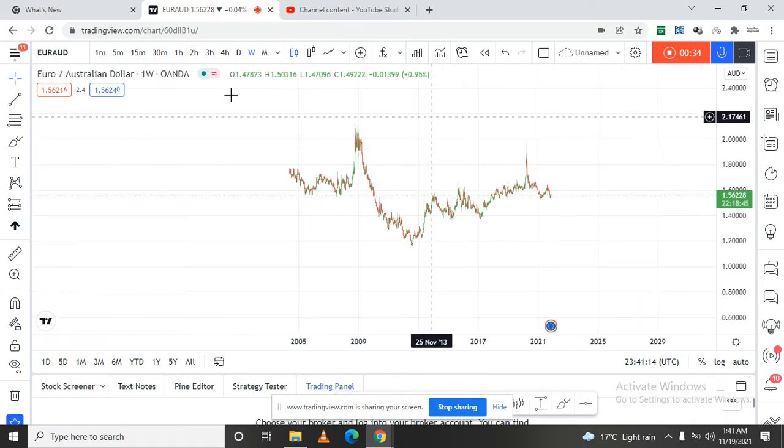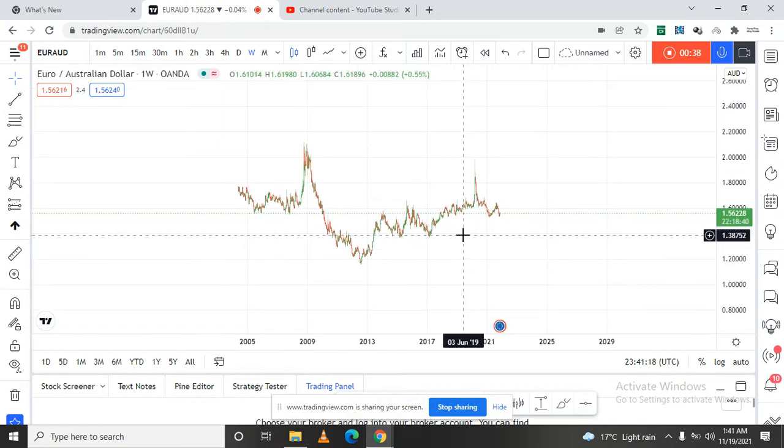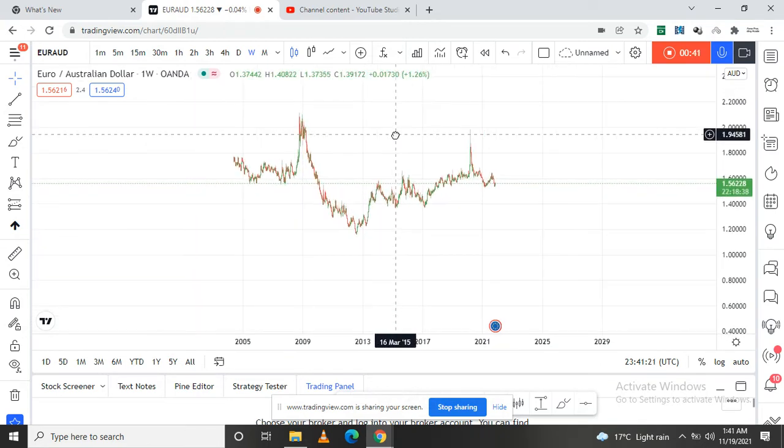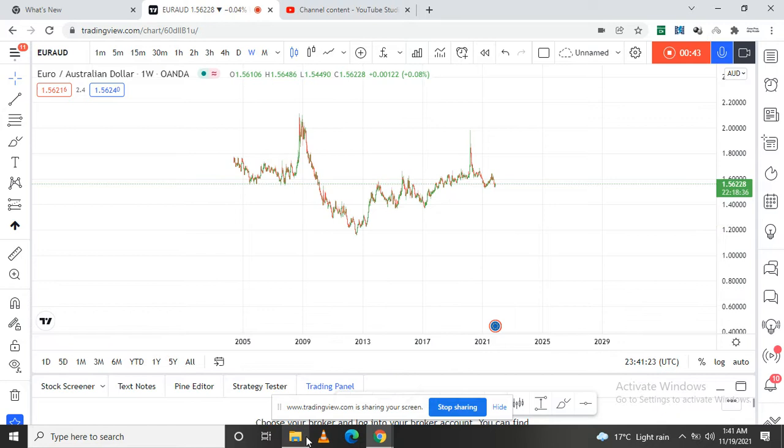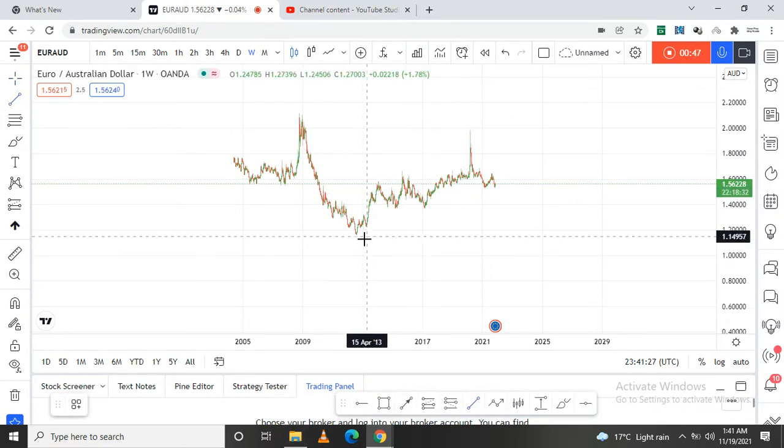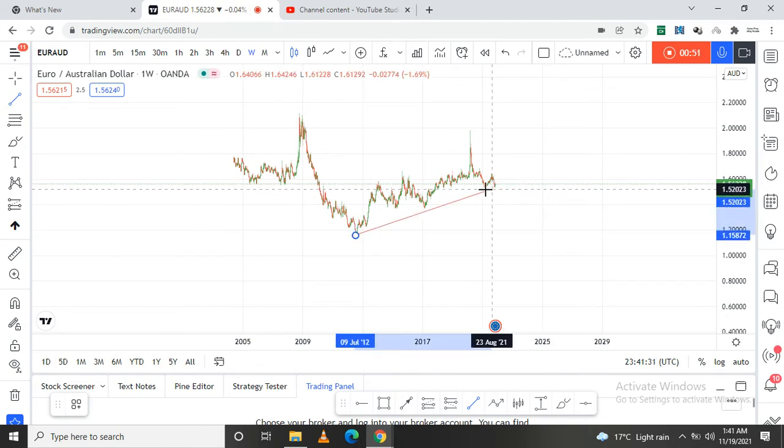So I'm gonna start by analyzing Euro AUD. I'm just gonna start on a daily chart. Okay, so I want to find the structure first.